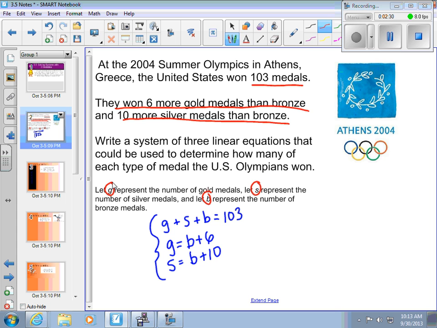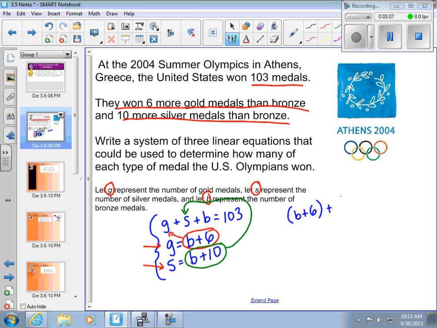The reason being, we got these 2 statements here where we could substitute and get our equation in terms of B, the bronze medals. So what we could do is take what G equals here, B plus 6, and we could substitute that in for G. We also have this equation where S equals B plus 10, so we could substitute that in for S. And we could get one statement then that is just in terms of B. So first let's substitute for G, B plus 6.